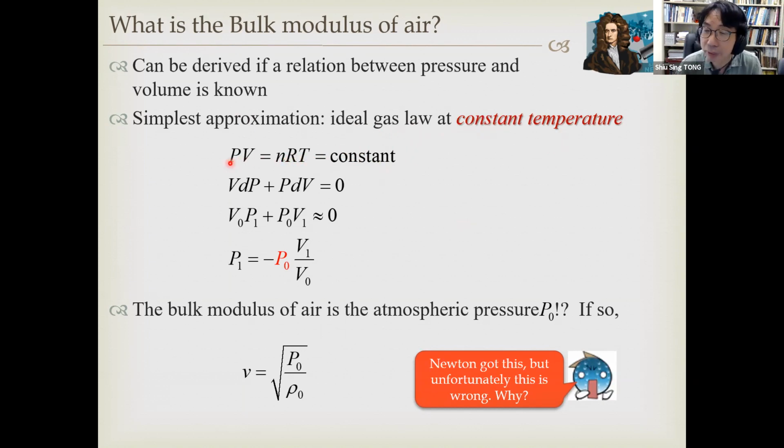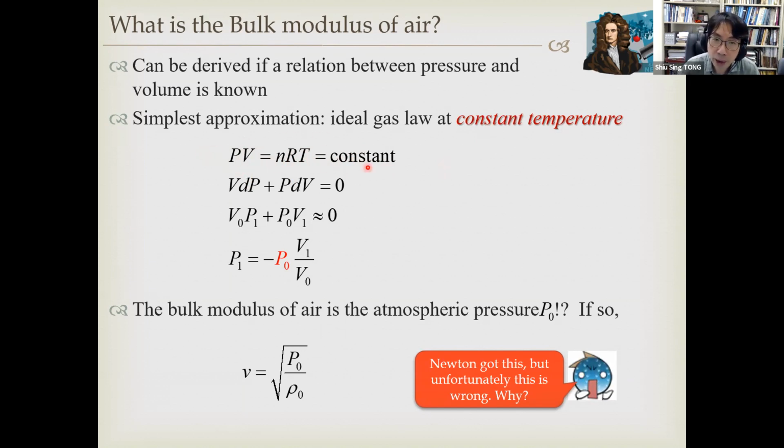I can apply the ideal gas law, PV equal to nRT, the equation you have learned, and I set T equal to a constant. That is the simplest approximation I can think of. Of course, a real gas may not follow this ideal gas equation, but that is the simplest model available. So let's assume the ideal gas law holds and the temperature is constant, and see what will then be the bulk modulus.